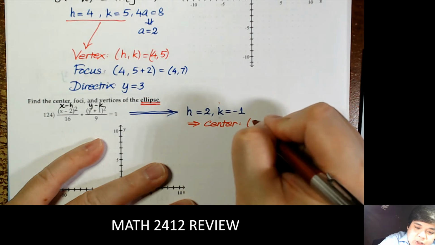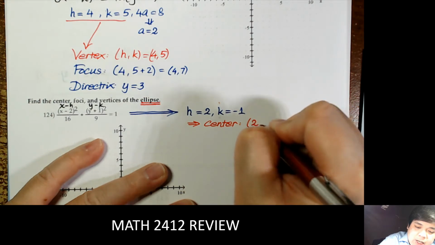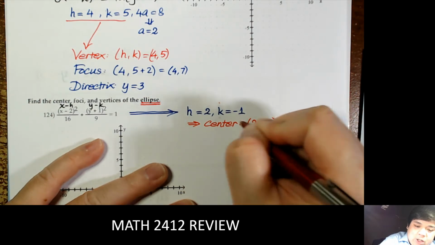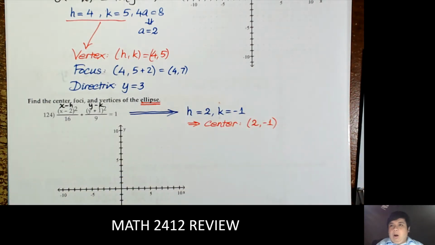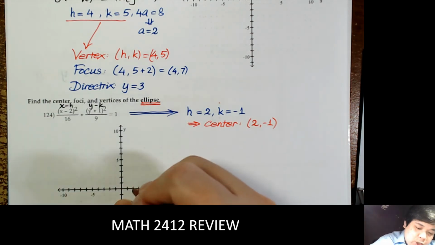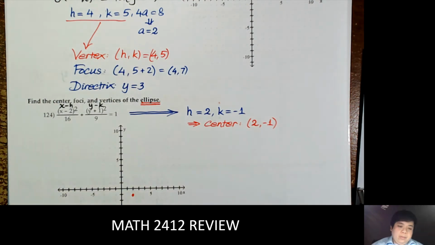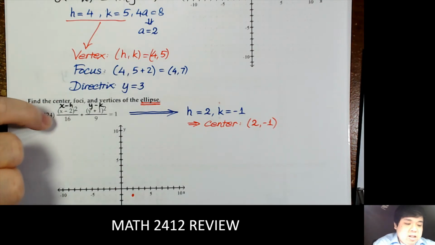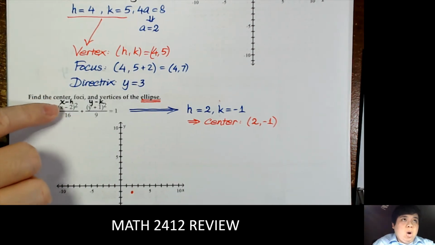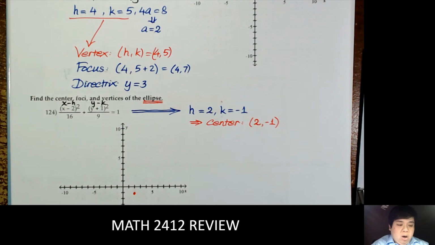h equal to 2, k equal to -1. So h is the x component, k is the y component. So the center is (2, -1). So x equal to 2, y equal to -1. Next, based on the graph, we have the 16 below the x and the 9 below the y.